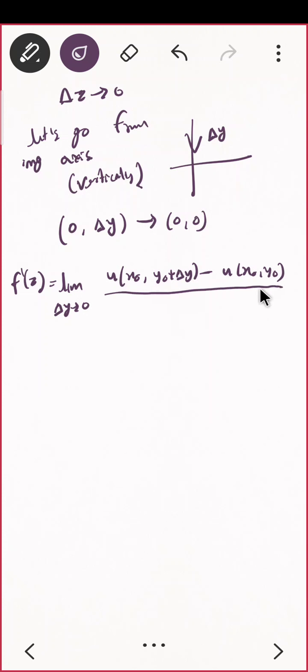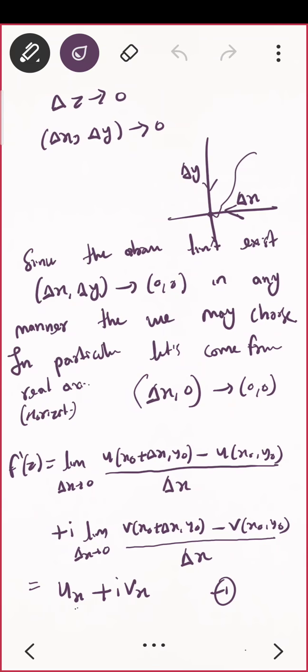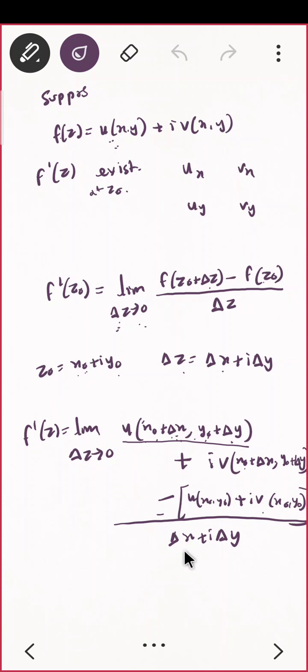In the denominator it will be delta y. This is the first expression. In the denominator it will be i delta y, correct? Because in the denominator you are having delta x plus i delta y, and this is 0, so this will be i delta y.